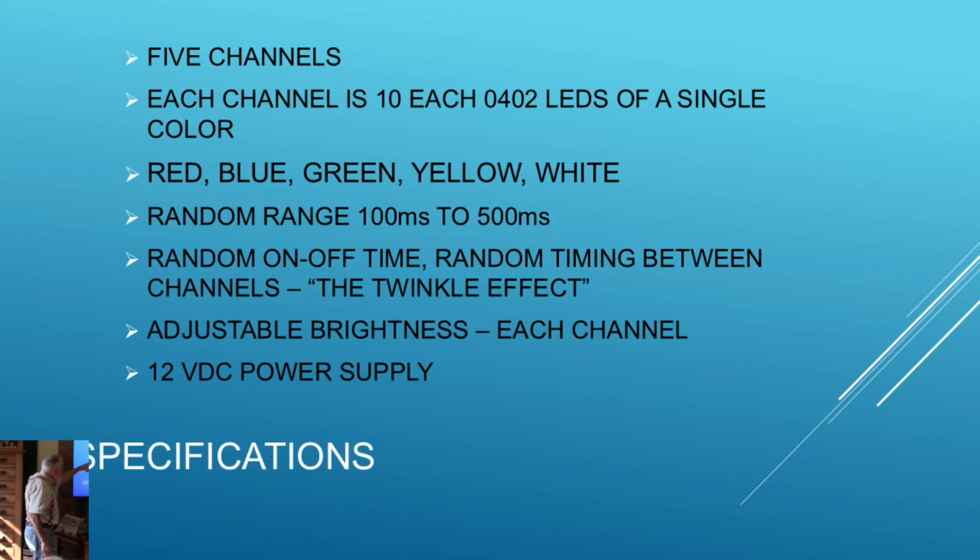I chose time periods between 100 milliseconds to 500 milliseconds, either the on or the off period, randomly chosen. Random on-off time, random timing between channels, and I call it the twinkle effect, right?